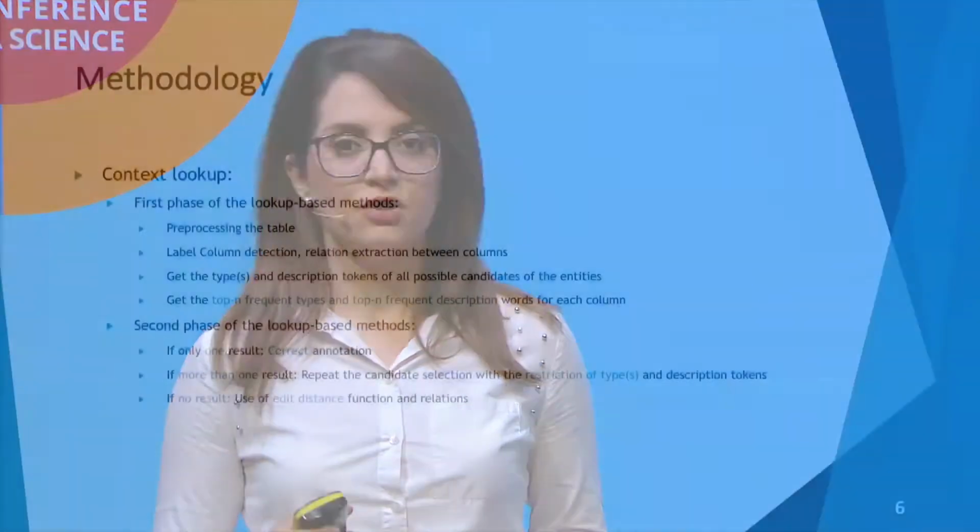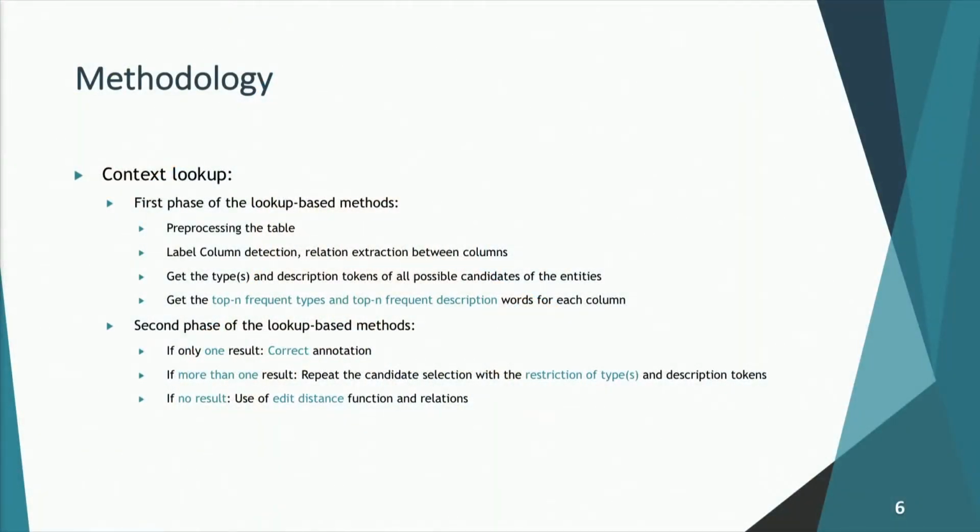What is our context lookup method? It is divided into two different phases. In the first phase, we start by gathering information, and in the second phase, we annotate using the information that we extracted in the first phase. In the information extraction phase, we start by pre-processing the table, detecting the main column of this table that we discussed, which we call the label column, and finding the relation between this column and all available columns in the table.